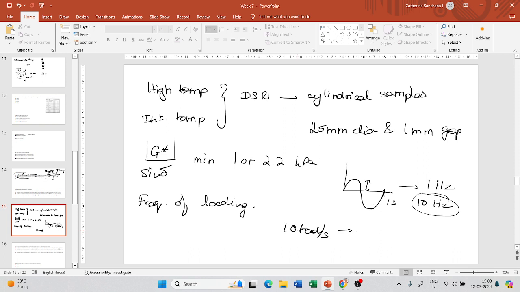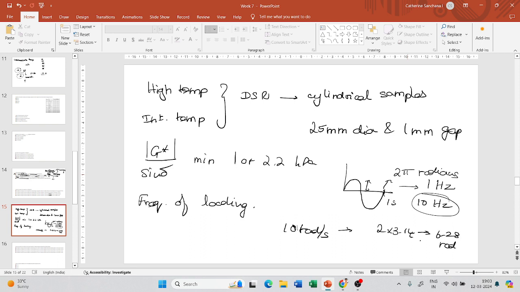In one sine waveform, my cycle will complete 2 pi radians, if I'm talking in terms of radians. So what is this 2 pi radians? It is 2 into 3.14, which is 6.28 radians.